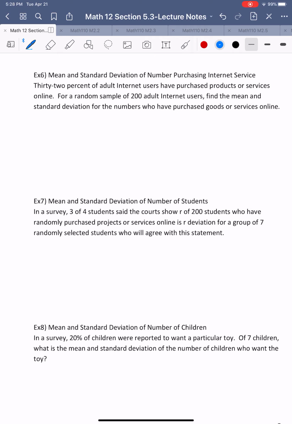So first of all, n is 200, and then p is going to be 32%, so 0.32. So the mean, n times p, is 200 times 0.32, which is 64.